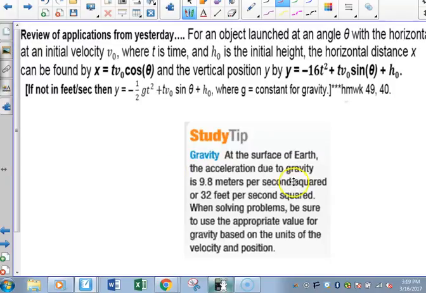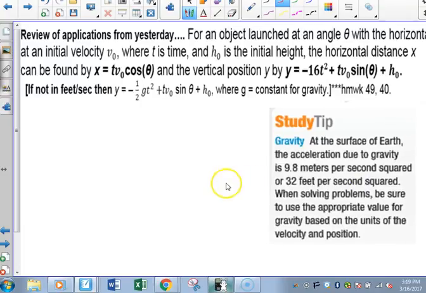Do you remember we talked about this the other day and I told you something wrong? So I need you to be paying close attention. Did we change something on the back of the pink sheet? We changed it to 16, right?